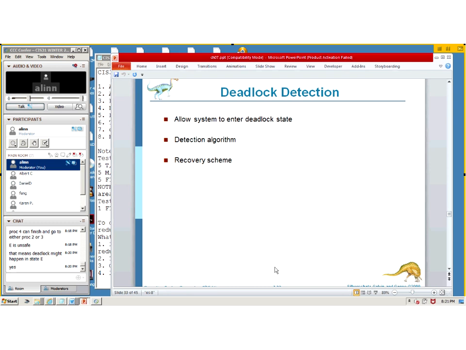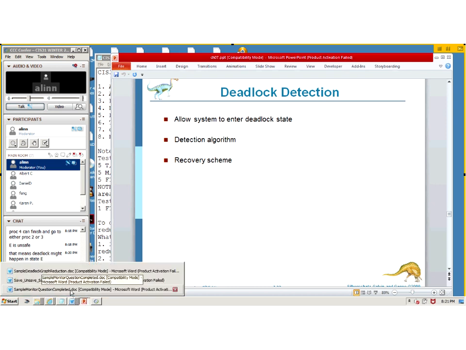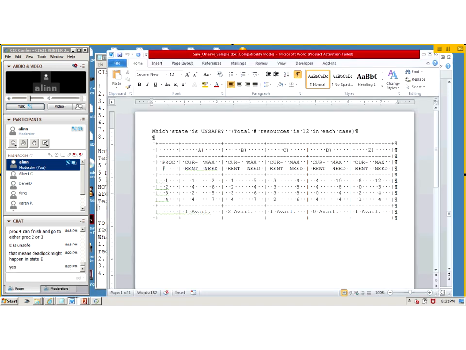Okay, so before we leave avoidance, though, I need to just ask a question of you guys. When do I run this safety algorithm? Okay, but when? What triggers me to run the algorithm?